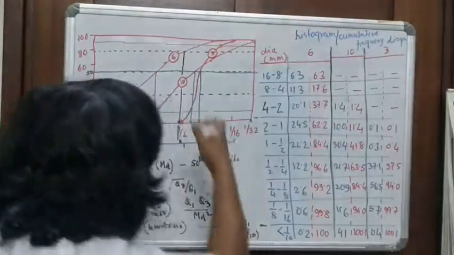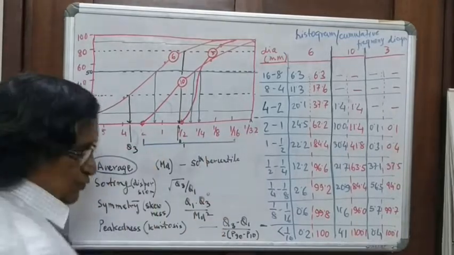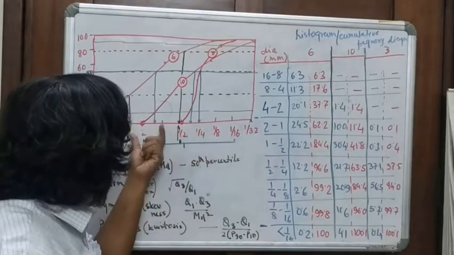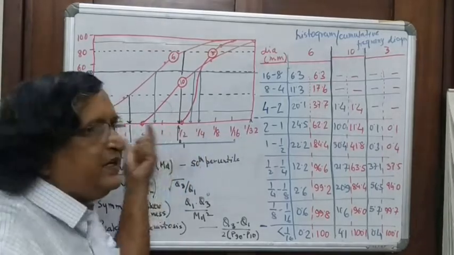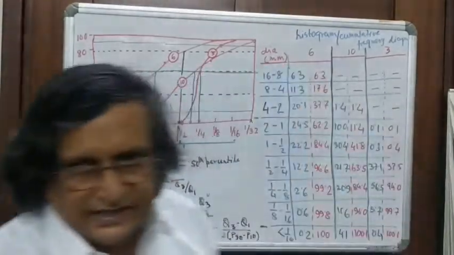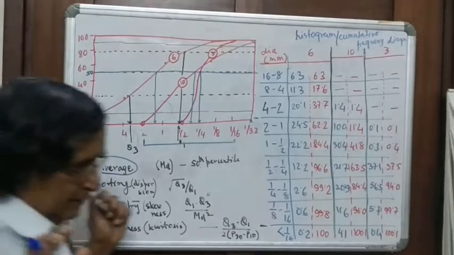And they are all in the sand range, 1 by 16 to 1 by 2. So they are not fine sand, they are coarse to intermediate size sand. Have you understood? These are not fine sand. So that's the median value, the average value.